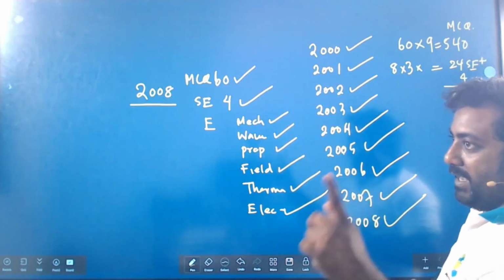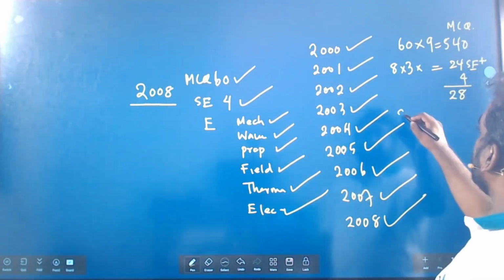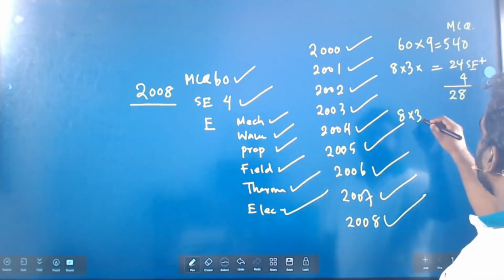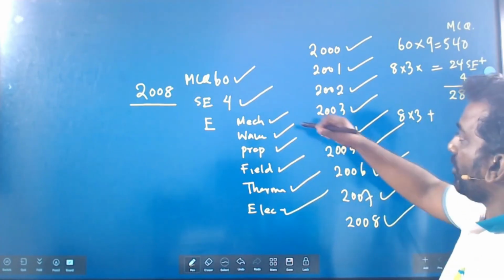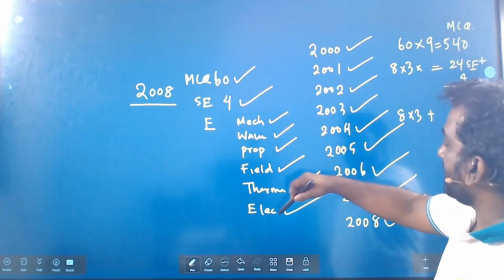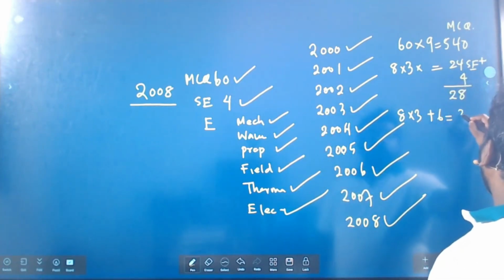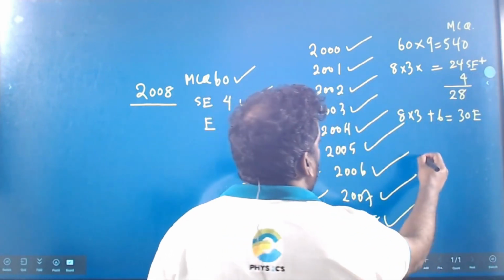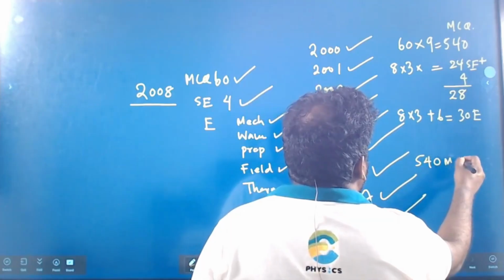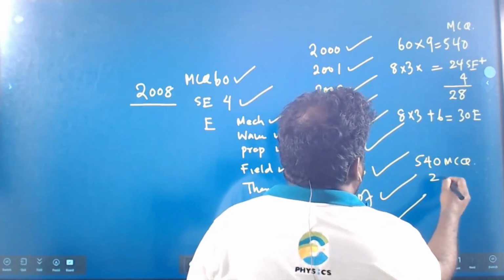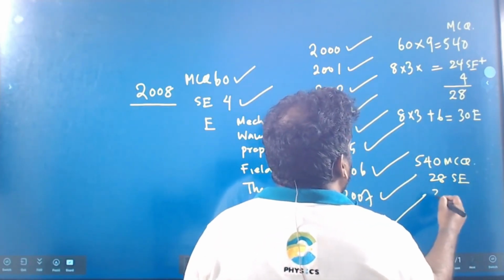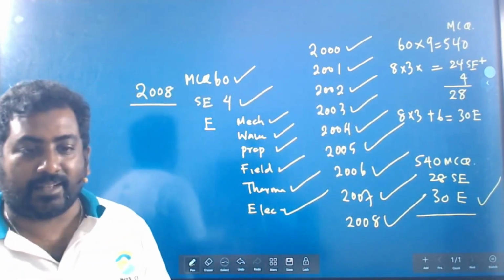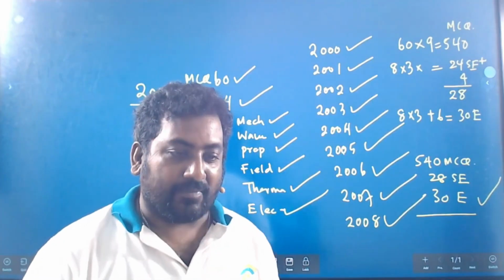Essay: every day we did 1 essay for 8 weeks, 3 days a week, so 3 essays. 24 plus today we have done 6. Altogether 30 essays. So how many MCQs you have done? 540 MCQs. 28 structured essays. 30 essays. Done and completed. Okay. So now next week also same.